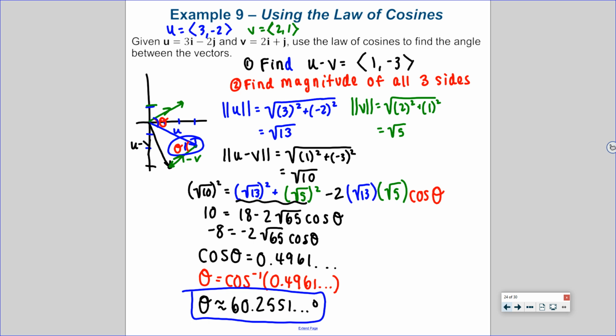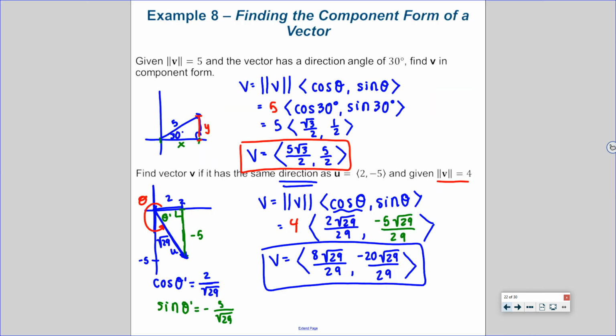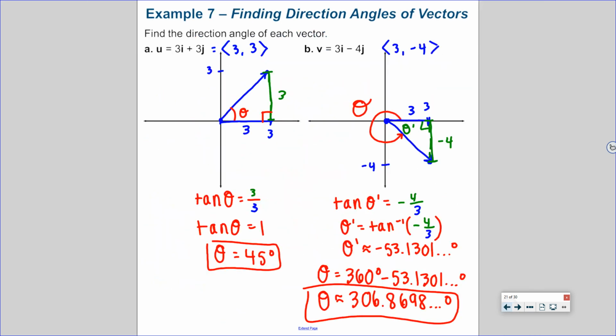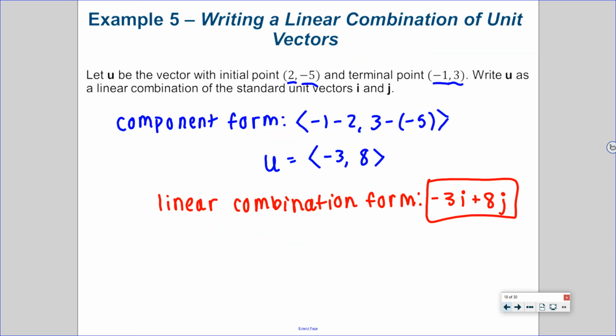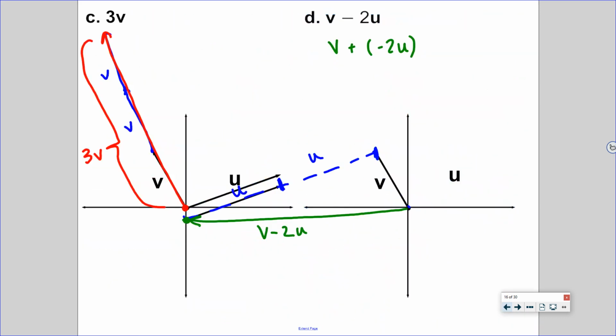So you can draw it out, like what we've been doing for these ones, where you're not given any true numbers on them. You can draw it out and form a triangle, and then you can use geometry. So you can do right triangle trig, sometimes law of sines, law of cosines.